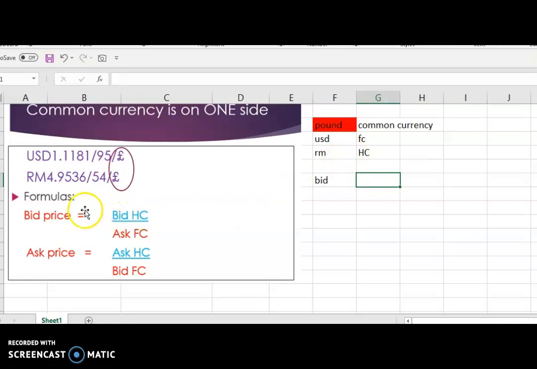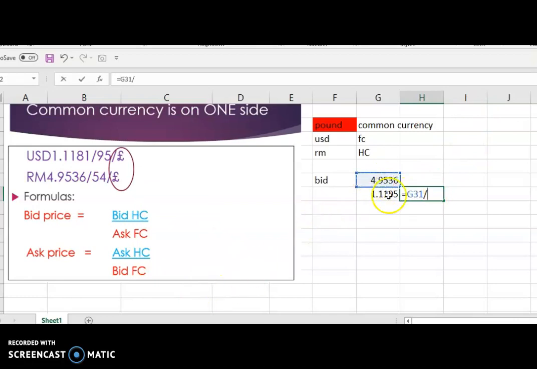I look at the quotation: bid home currency. Since RM is my home currency, I take the bid for RM, 4.9536, then divide by the ask foreign currency. My foreign currency is USD, but I take the ask, 1.1195. So I will get the answer.